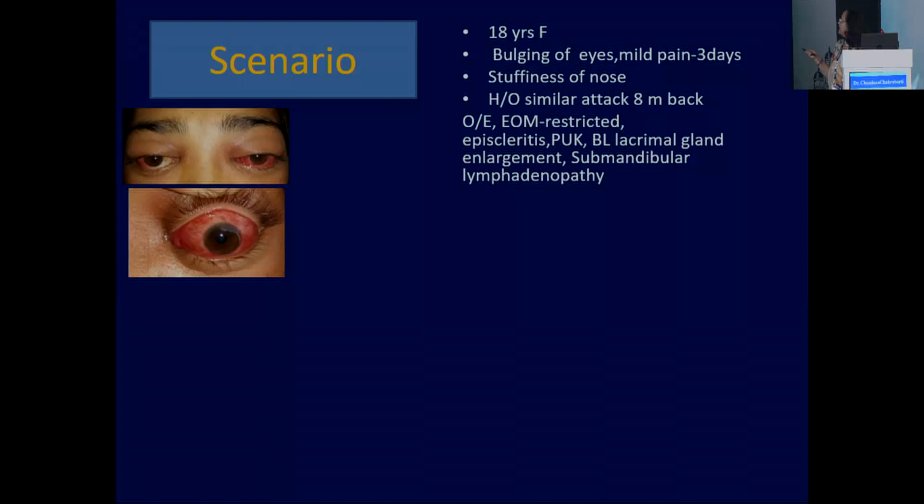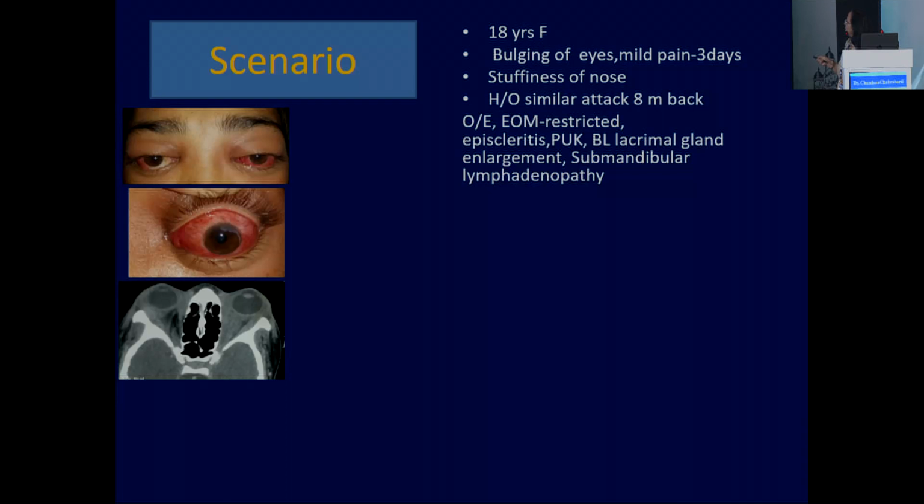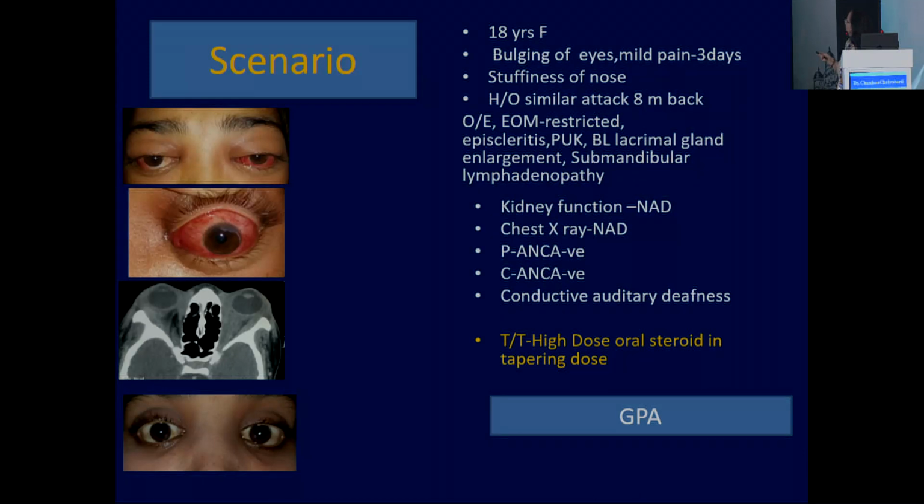Another case scenario: an 18-year-old female came with a bilateral diffuse episcleritis-like picture, bulging eye, PUK, peripheral ulcerative keratitis, and bilateral diffuse orbital inflammation, as you can see. Kidney function. We thought this was also a case of granulomatosis with polyangiitis, but as this was the first attack, the response may not be positive.